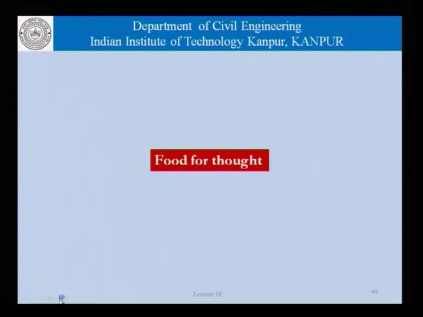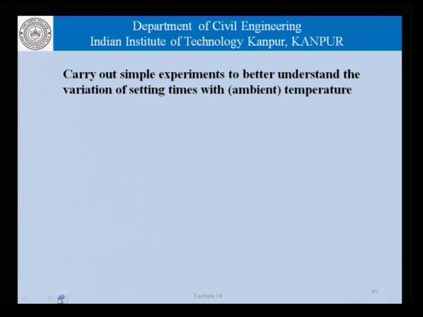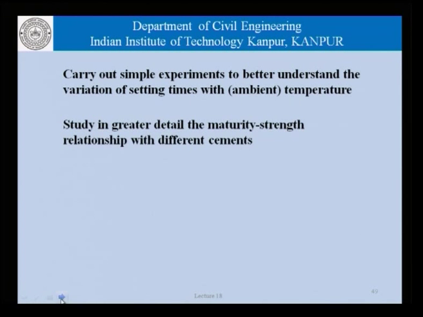So, before we close, let us just take a look at some of the things which we could do from here onwards. We could carry out simple experiments to better understand the variation of setting times of concrete with ambient temperature. We could study in greater detail the maturity strength relationship and how that changes for different cements.